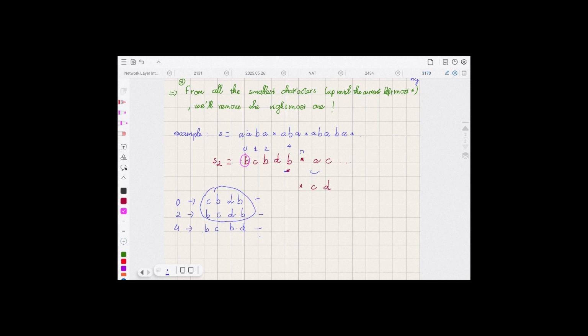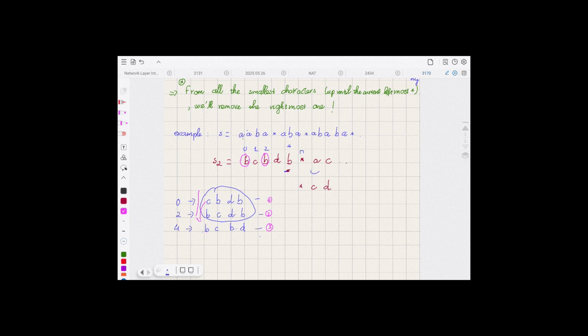If we remove B at index 2, it becomes B, C, D, B, and if we remove the B at index 4, it becomes B, C, B, D. You can see that the first string is certainly bigger than the last one, because C is bigger than B. So the first one is already bigger than the third, and we now consider the second and the third.